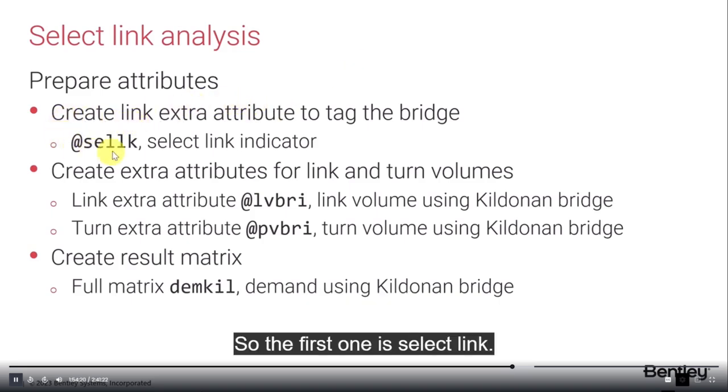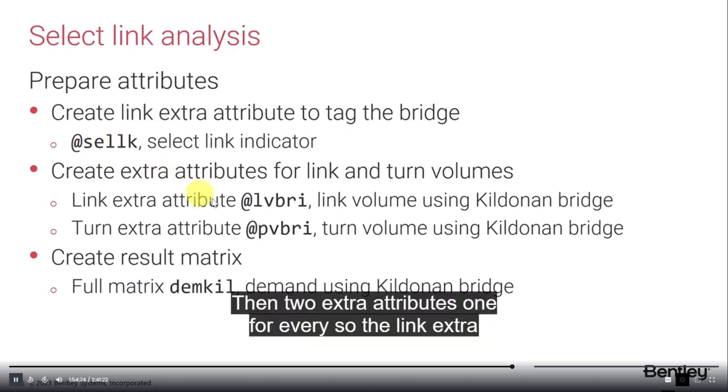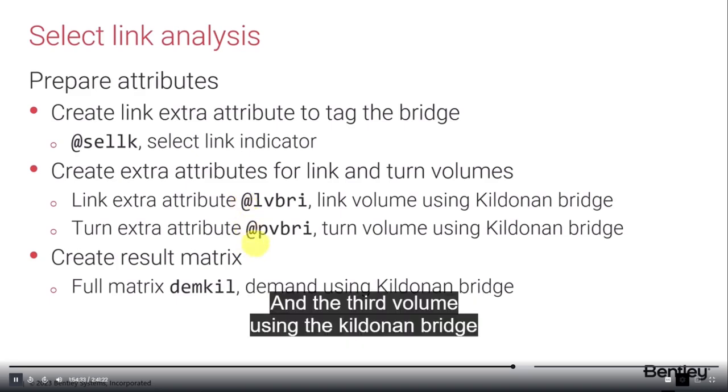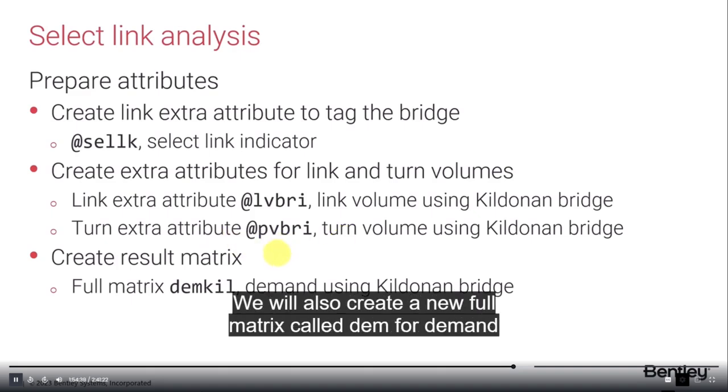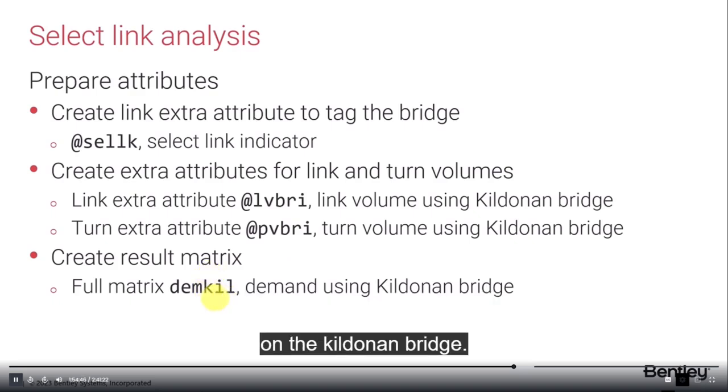The first one is a select link indicator. Then two extra attributes, one for LV-BRI, the link extra attribute to contain the link volume using the Kildonan bridge, and PV-BRI, the turn volume using the Kildonan bridge. We will also create a new full matrix called demkil for demand on the Kildonan bridge.